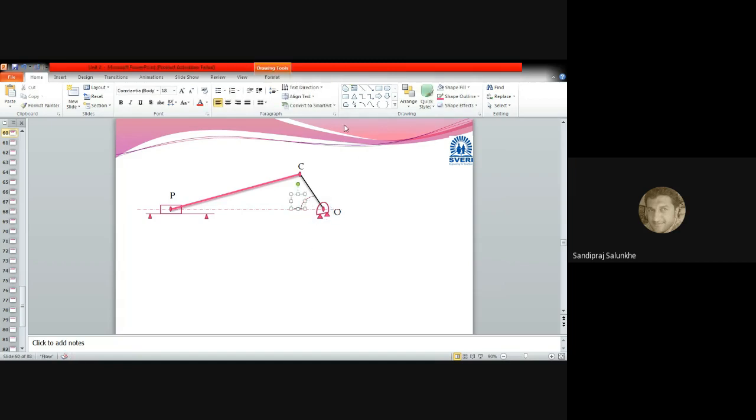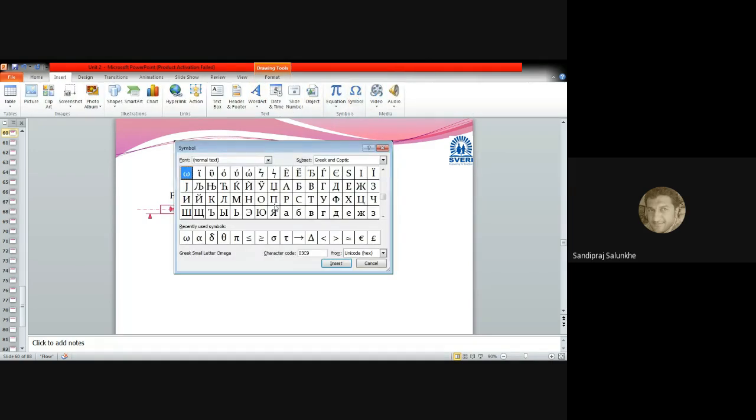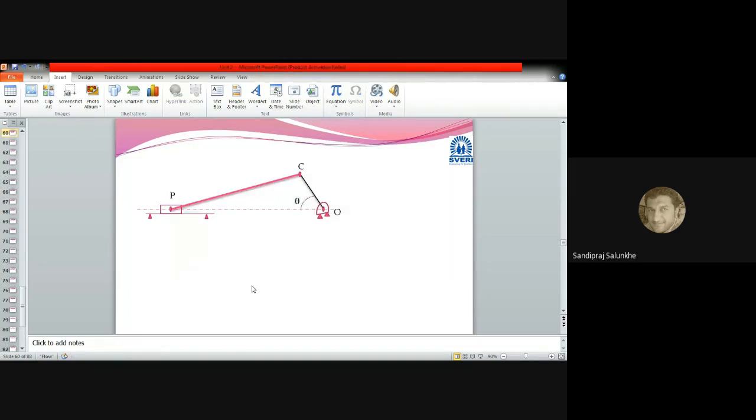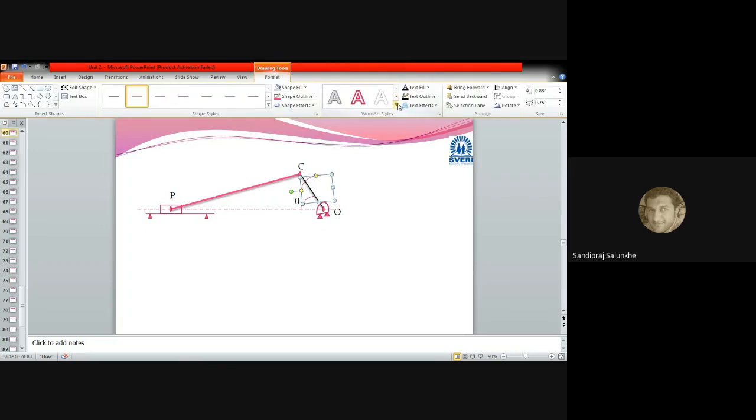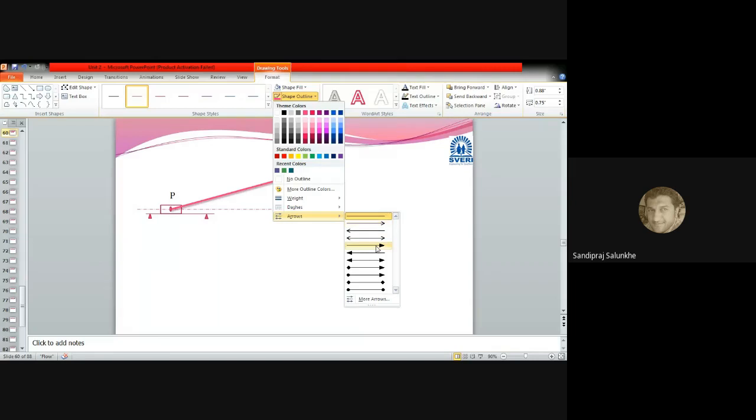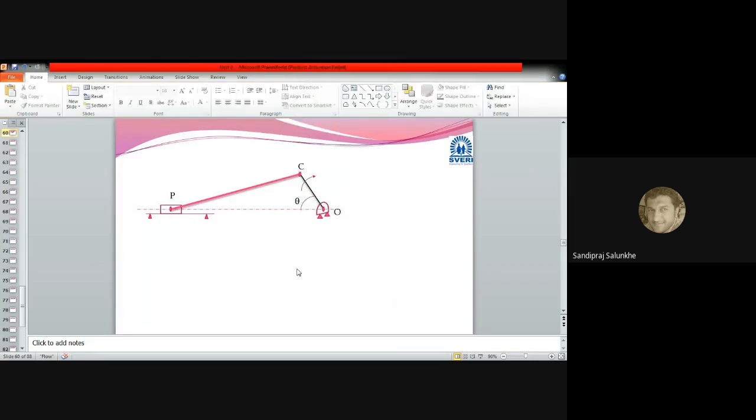Can you draw a velocity diagram for this by the conventional method? And if yes, tell me what is the procedure by means of which we can draw the velocity diagram. And it is rotating with an angular velocity of omega in the clockwise direction.